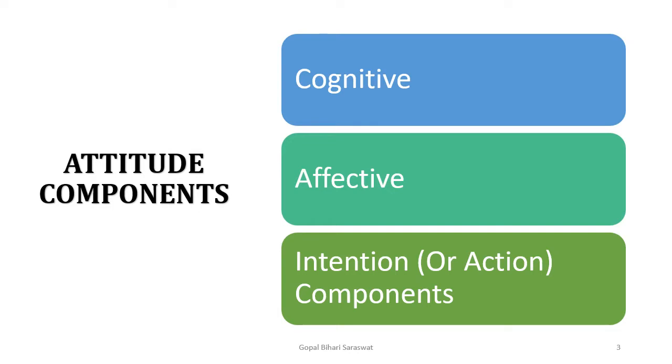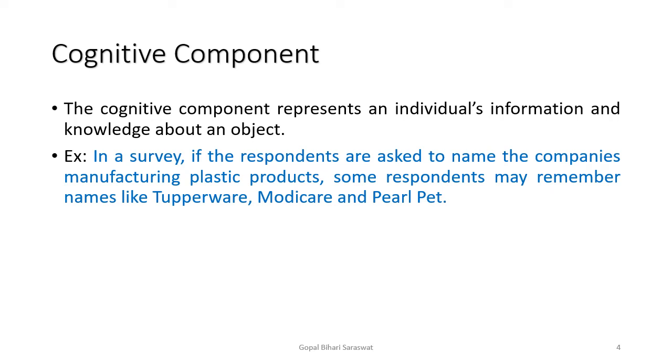Attitude components: there are three components, cognitive, affective, and intention, or you can say action component. Cognitive component represents an individual's information and knowledge about an object.